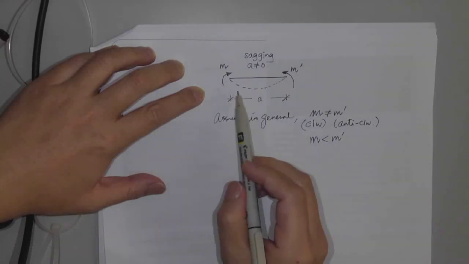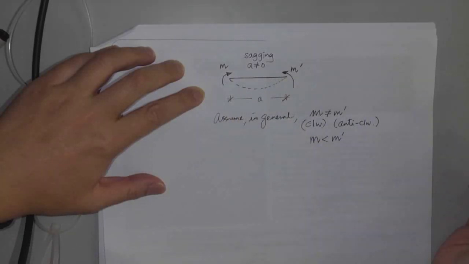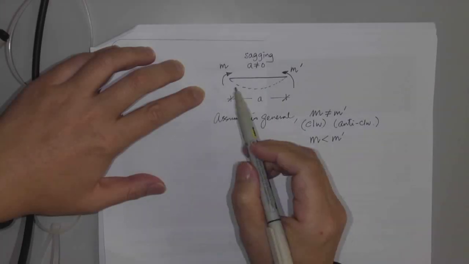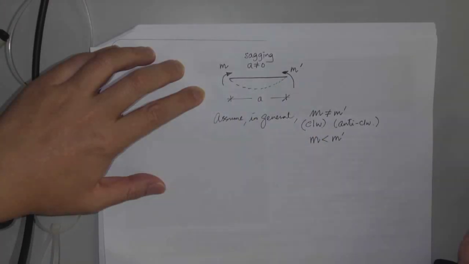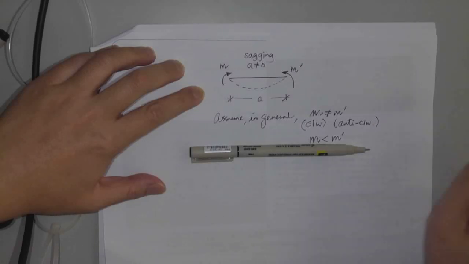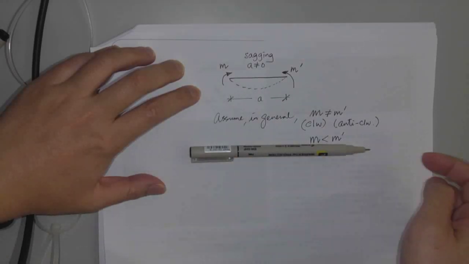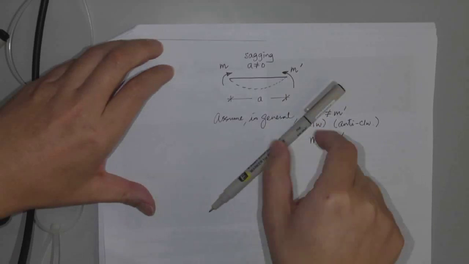That means this clockwise moment is smaller than this anti-clockwise moment. The clockwise is smaller than the anti-clockwise. So what happens? You have an object and you have a clockwise moment here, anti-clockwise moment there. And the anti-clockwise is bigger than the clockwise. They are not the same. So this thing is supposed to rotate.